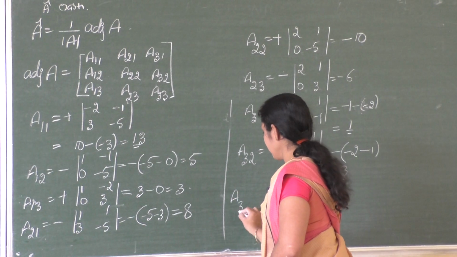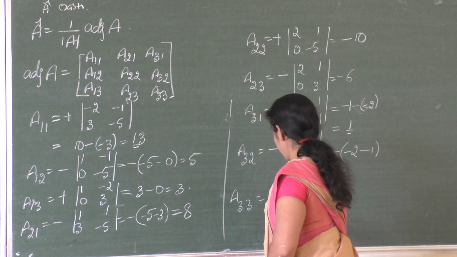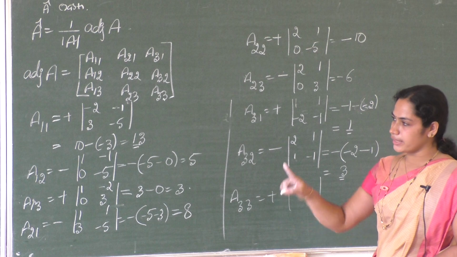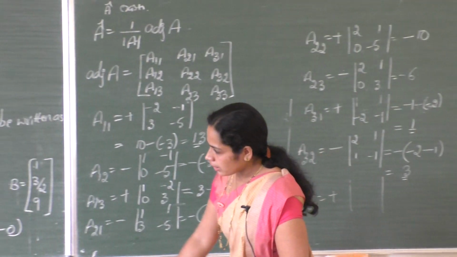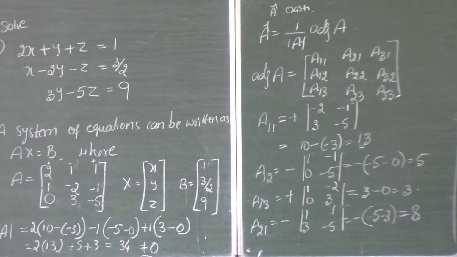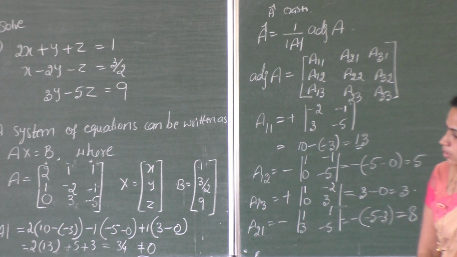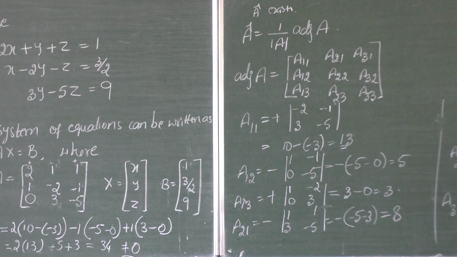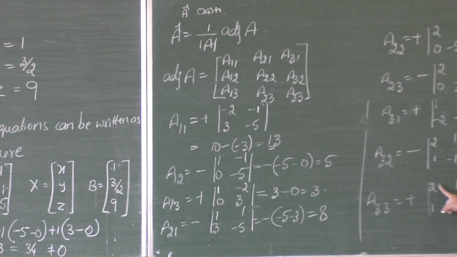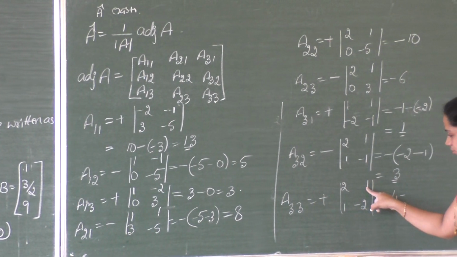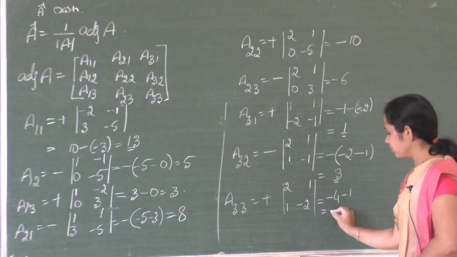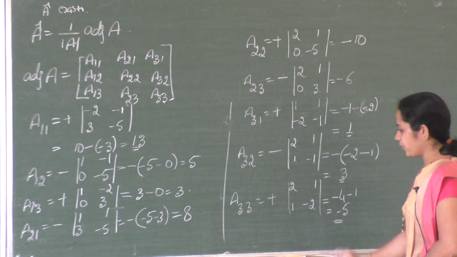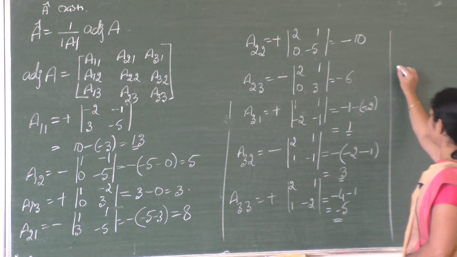Next A33. A33 is positive. Delete third row, third column. Remaining is 2, 1, 1, minus 2. This is equal to minus 4 minus 1, this is minus 5. Now what is adjoint of A?